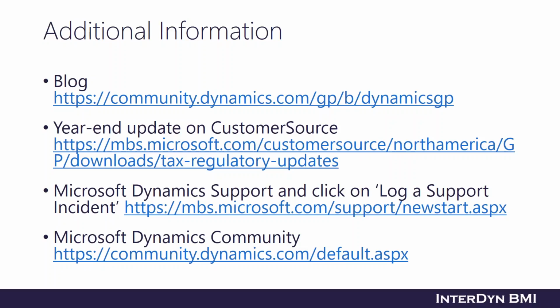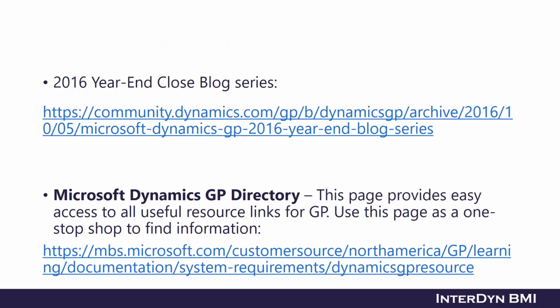The Dynamics community link is there, which is a wealth of information. You could make a career out of reading all of the information that's out there now. And then of course the 2016 closeout blog is separate from most of the other blogs, and it deals specifically with the 2016 year end and all the different modules affected and closings and so forth.